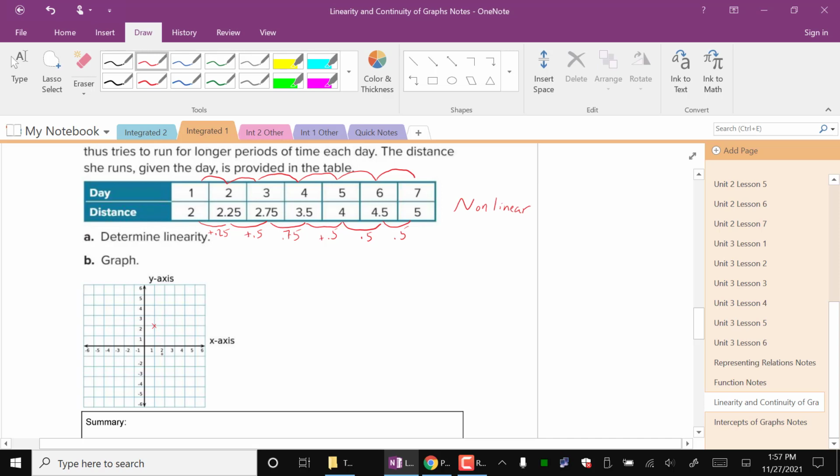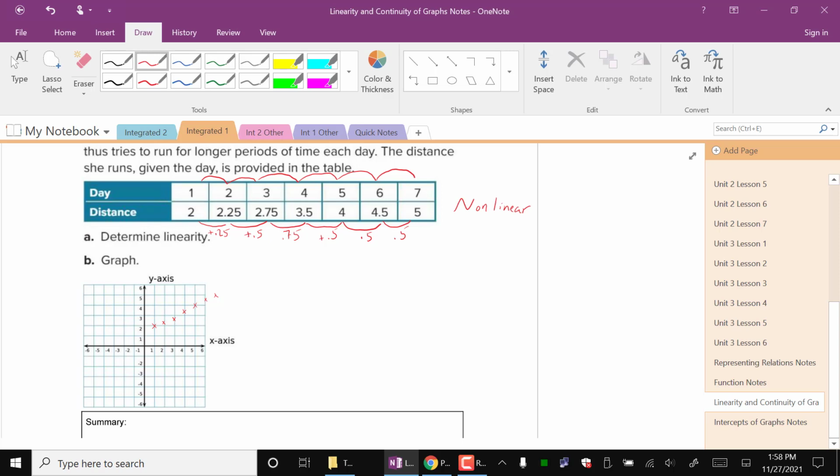Then the second one is at 2, 2.5, 3, 2.75, 4, 3.5, 5 is going to be at 4, 6 is going to be at 4.5, and then 7 is going to be at 5. So it's kind of hard to tell, but it is non-linear.